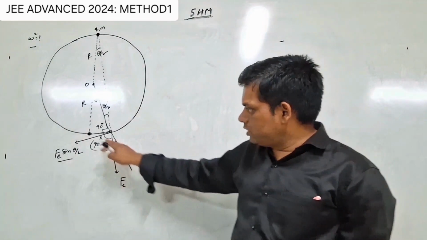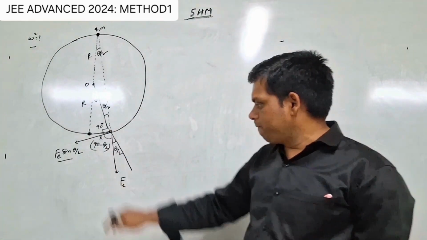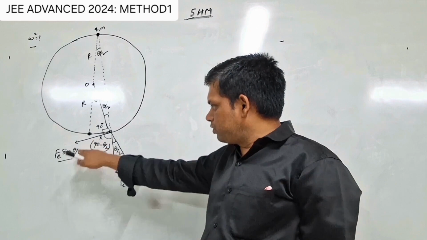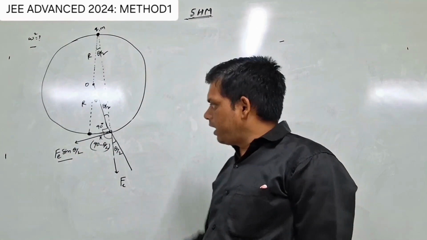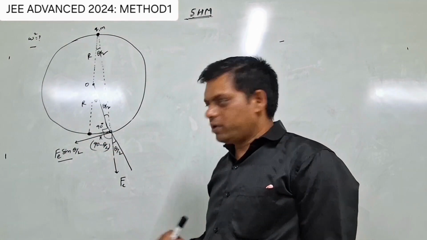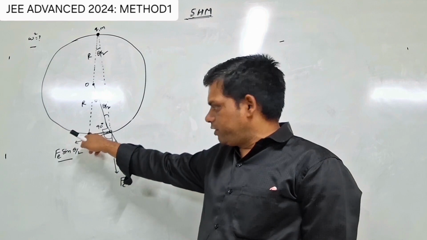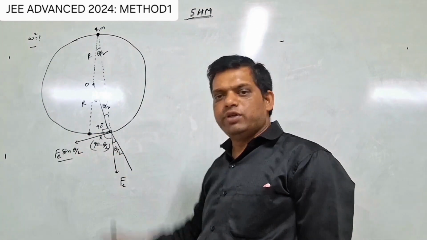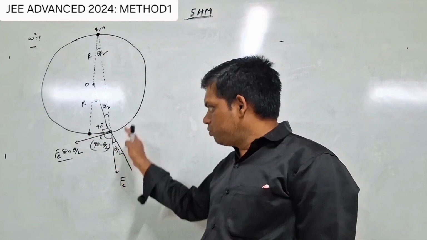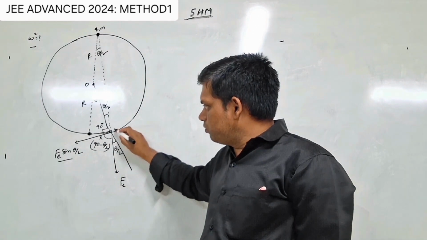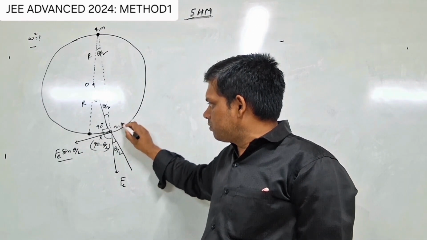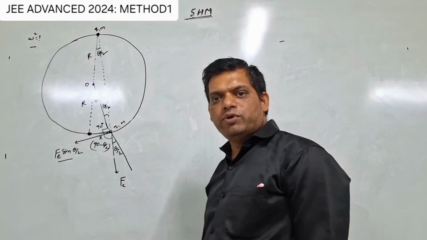Now, if this displacement is small, then this force Fe sin theta by 2 will act towards the mean position, that is towards this point, and this force will be responsible to move the small charge q of mass m in simple harmonic motion.